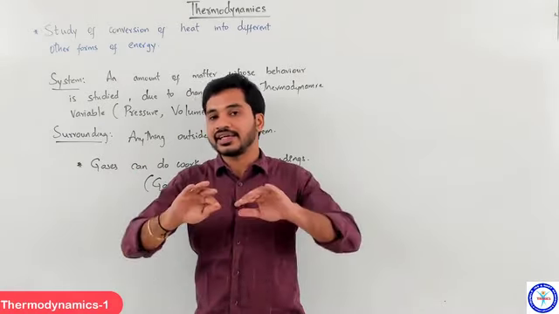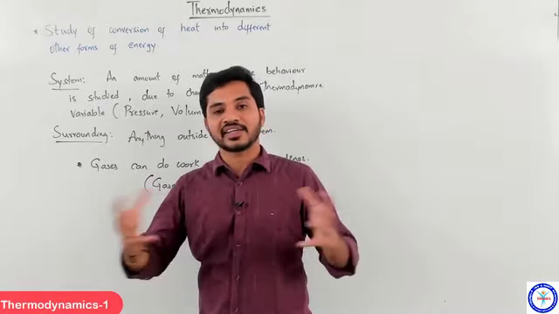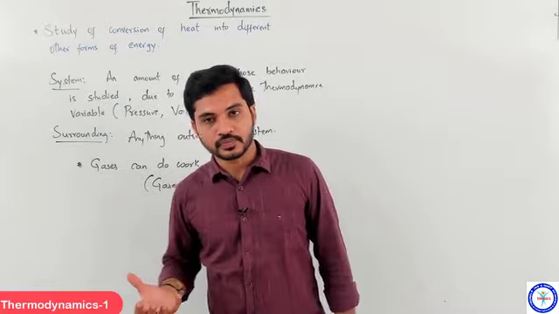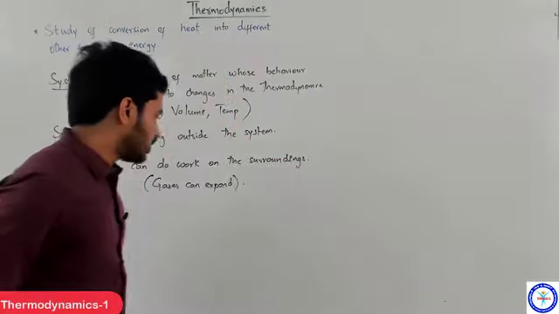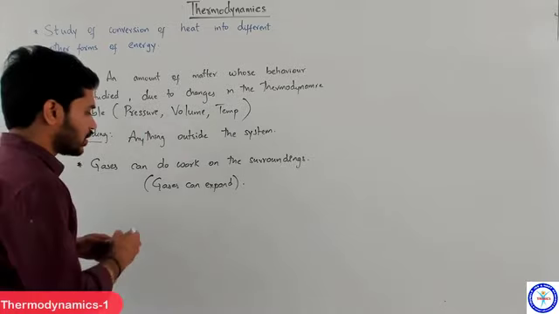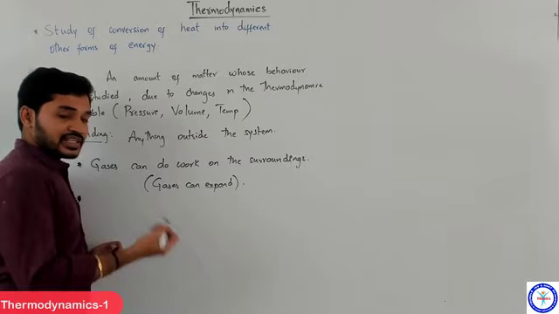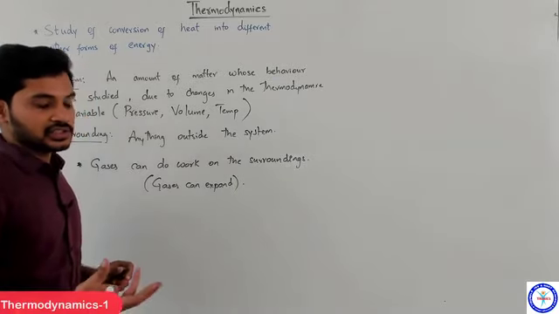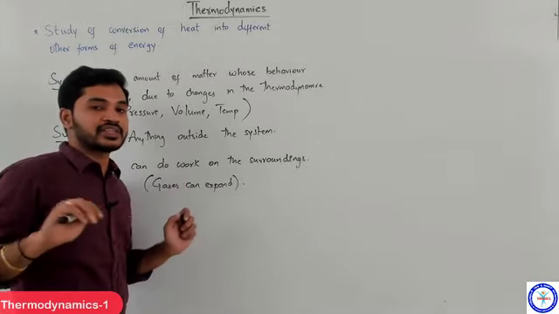It does work on the surroundings, pushes them away and then expands into that volume. Please keep in mind, this is one thing you'll have to remember all the time: gases can expand, and whenever they expand, they are spending energy. They are utilizing some of their energy to push the surroundings away.